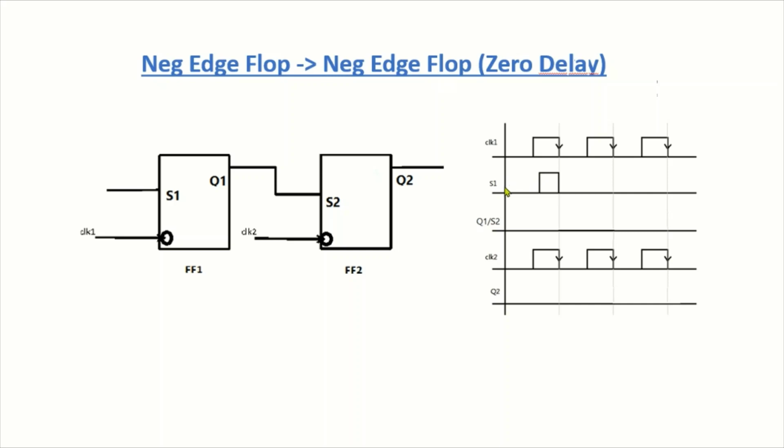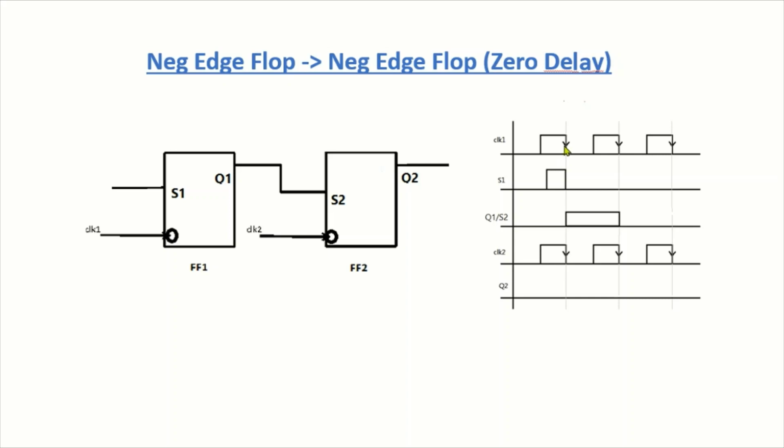You can see the data S1 is given at the clock negedge, and this is a zero delay condition where there is no delay between clock 1 and clock 2.